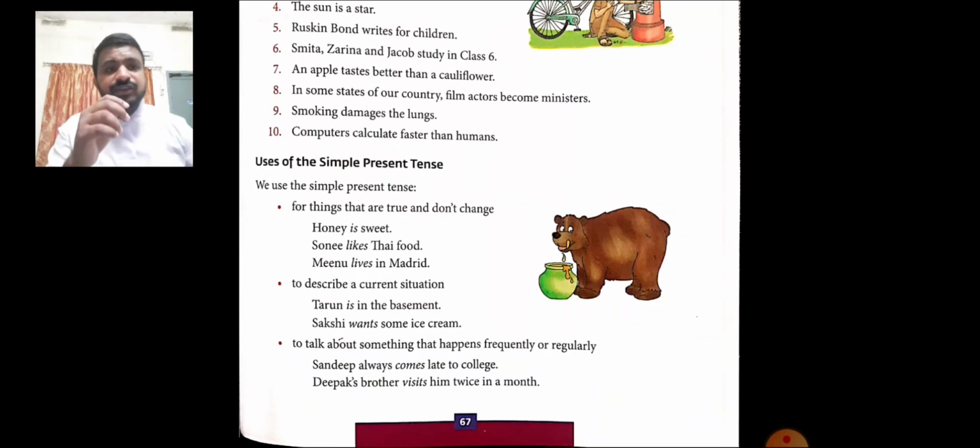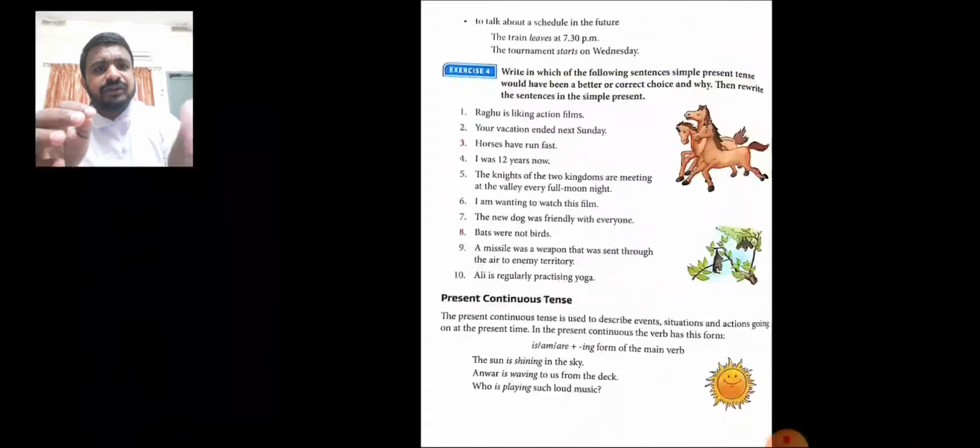Then the third use is to talk about something that happens frequently or regularly. Sandeep always comes late to school. Or Deepak's brother visited him twice in a month. So whatever is happening regularly or frequently, we need to use the simple present tense.